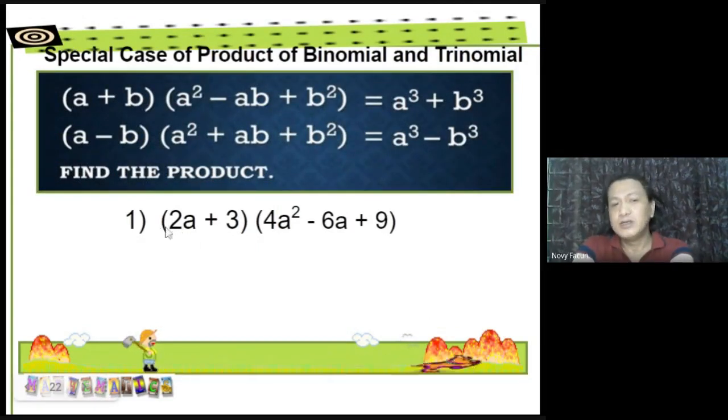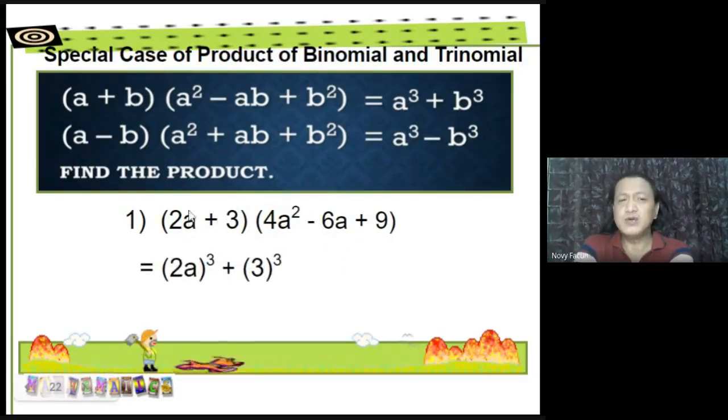So, number 1, 2a plus 3, this is binomial. Multiply natin sa trinomial na 4a square minus 6a plus 9. Okay. So, ganun din. So, kunin mo lang yung cube ng first term mo na 2a, kaya 2a cube yan. Yung second term mo, yung 3, kaya i-cube mo siya, 3 cube yon.